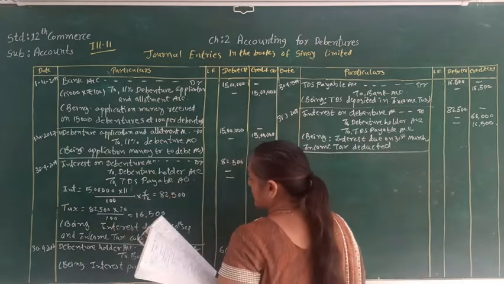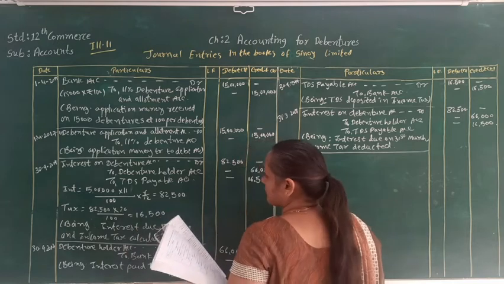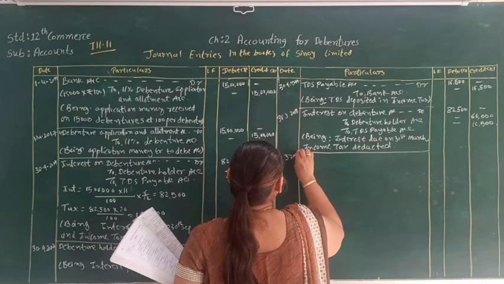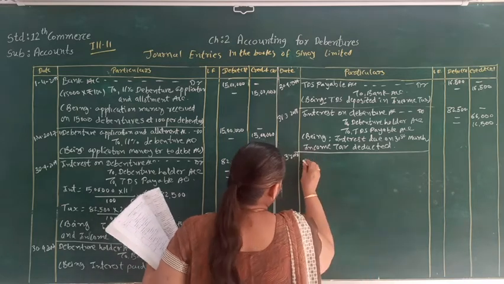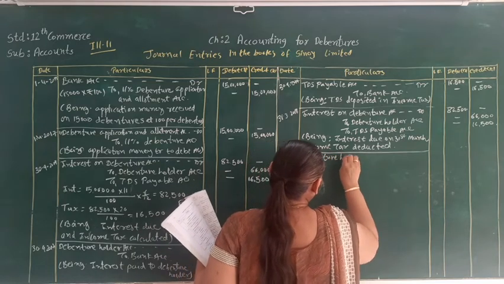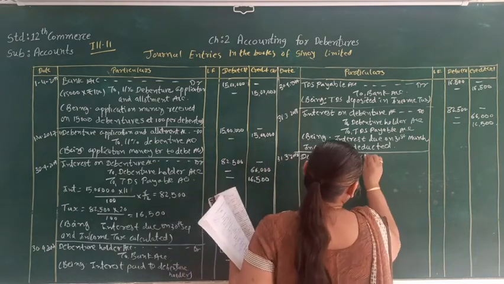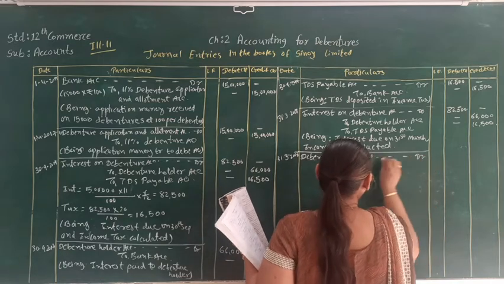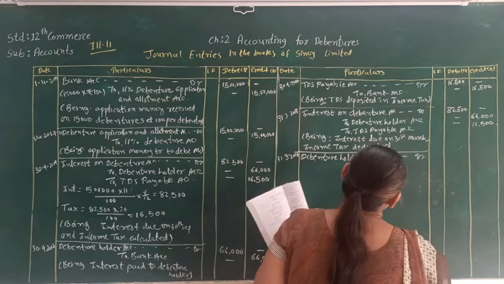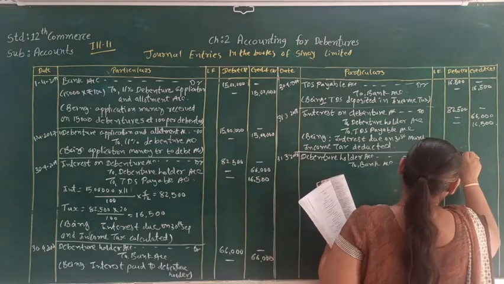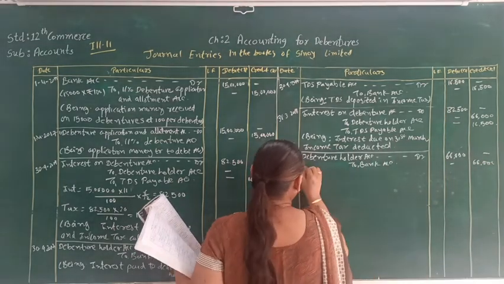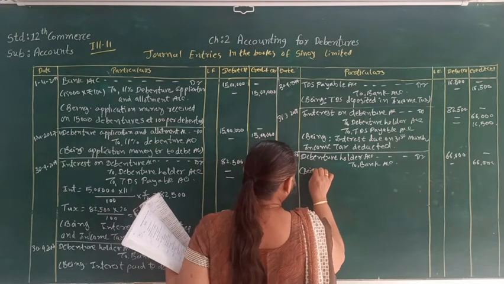Now let's pass the next journal entry for paying the amount to the debenture holder. 31/3/2018, debenture holder account debit to bank, and the amount will be 66,000. Being interest paid to debenture holder.